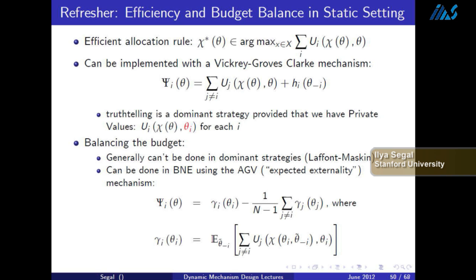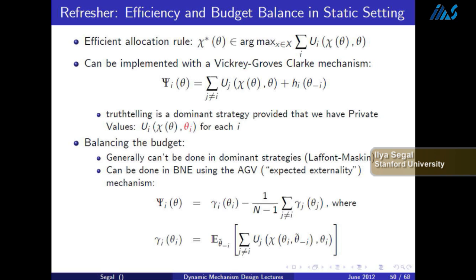The idea is that on expectation, if agent i believes that the other agents are reporting truthfully, then it gives him exactly the same incentives as if he was faced with the Vickrey transfers, and he will report truthfully to maximize the total surplus.